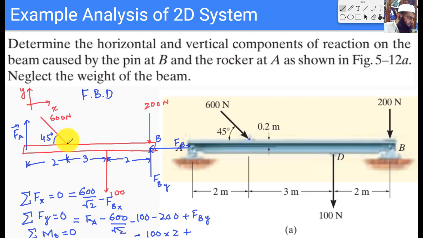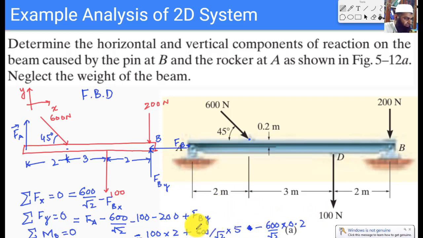So the y component would produce a moment which would be equal to 600 divided by square root of 2 times 5, because the distance from here to here is 5 meters, and the x component also would have a moment which would be negative, and that would be equal to 600 divided by square root of 2 times 0.2.